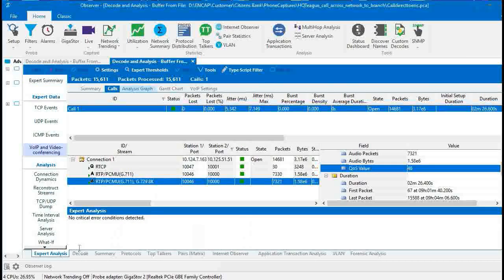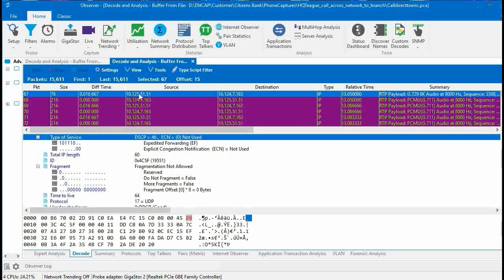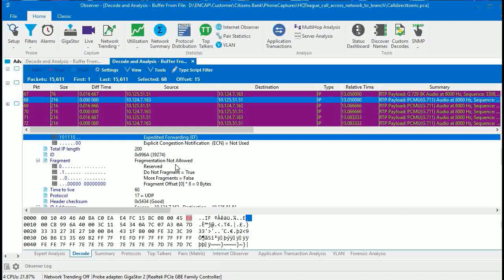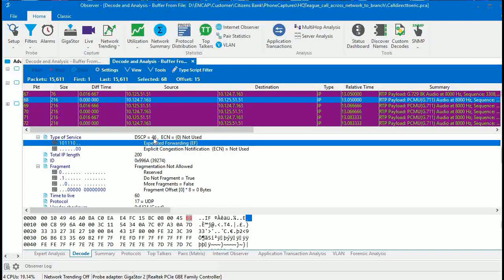Again, on the other trace, if I look at packets, you can see 5151 has expedited forwarding, DSCP of 46, and on 163, expedited forwarding, DSCP of 46. So again, both sides are leaving with QoS, but when it gets to the other phone through the AT&T network, it does not have QoS.